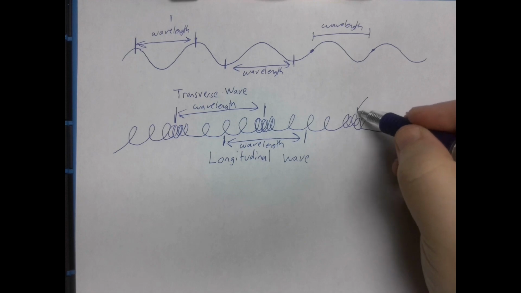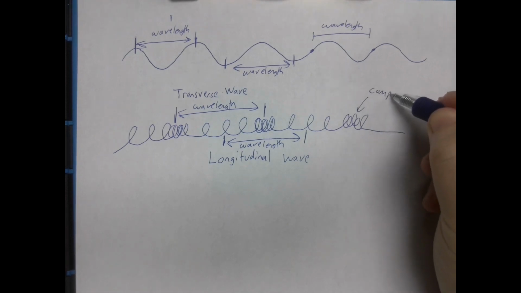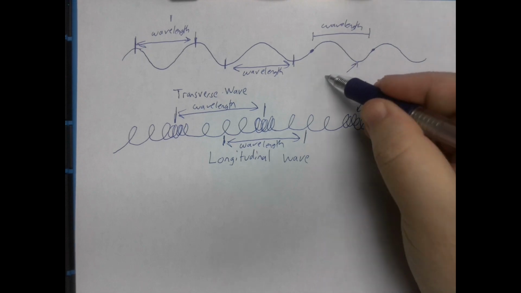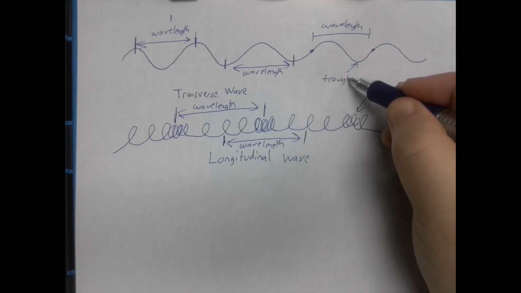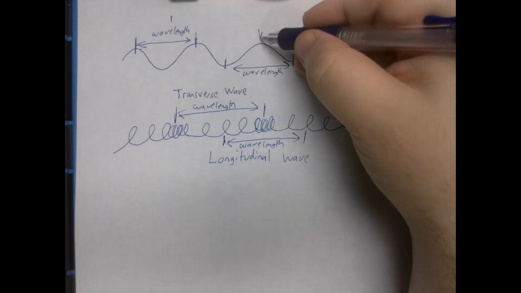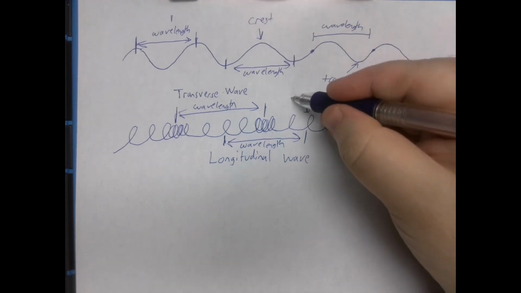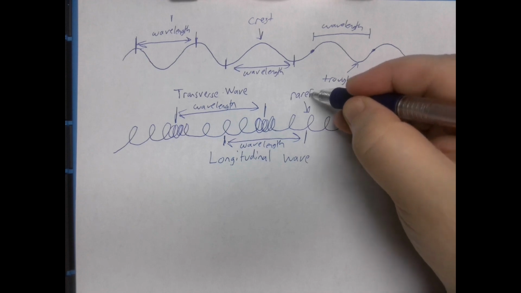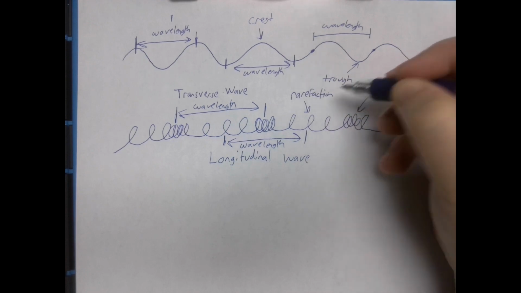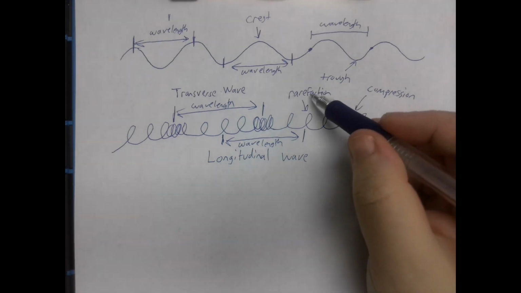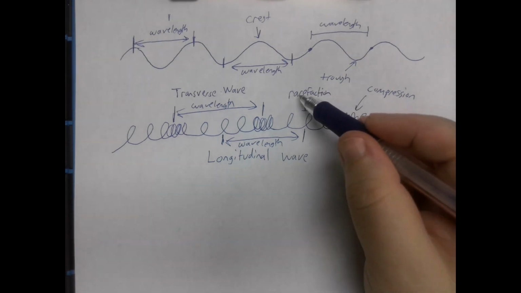So this is called a compression. This right here is called a trough. This is called a crest. While this is called a rarefaction. I'm not sure on the proper pronunciation of this. It's rarefaction or rarefaction.